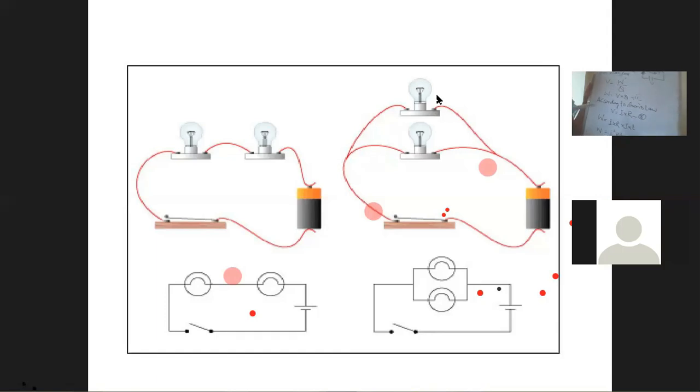So W, work done, which is in terms of heat produced, we can say that heat produced in a conductor is equal to I square RT, which is also known as Joule's law of heating.